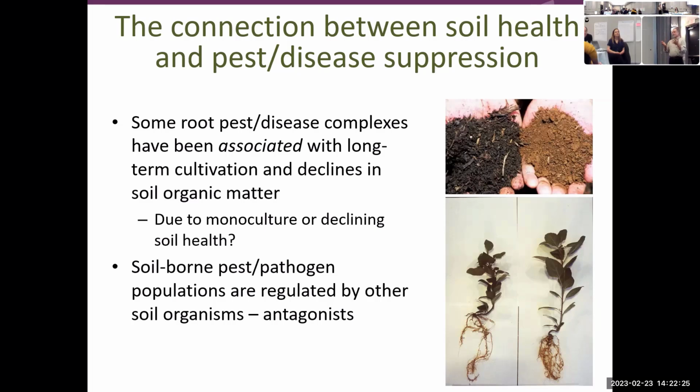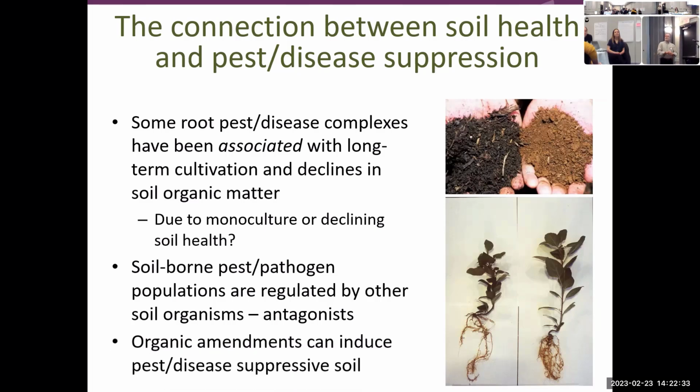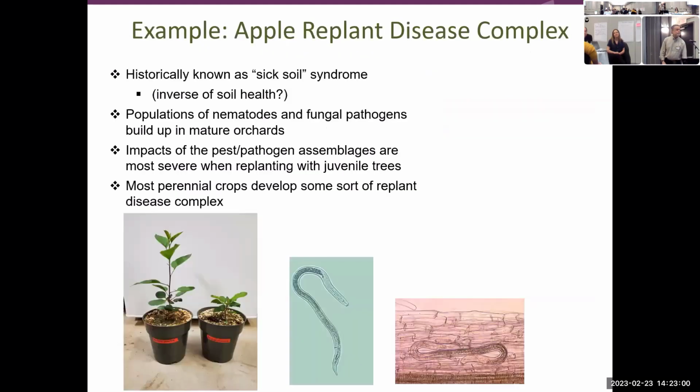Their populations in soil are regulated to some degree or another by other soil organisms, soil antagonists. And more recently, there's been a lot of research on using specific organic amendments, such as compost and various other things, to induce a disease suppressive soil, as a proactive treatment, if you will. So these are all the myriad ways in which we associate the prevalence or the suppression, the inverse of that, of soil-borne pests and pathogens with soil health.